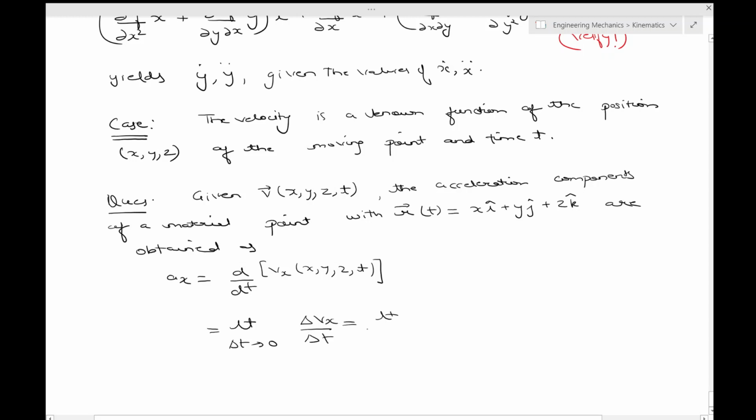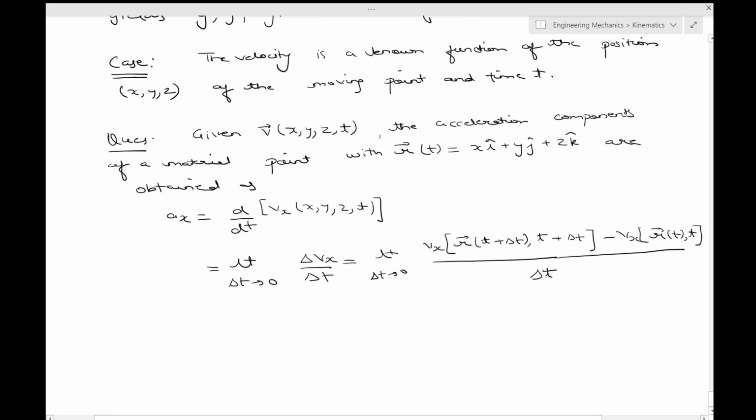That means the limit of delta t tending to 0 of Vx of r of t plus delta t comma t plus delta t minus Vx of r of t comma t. That's how delta Vx is written.